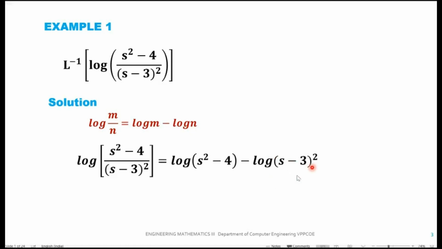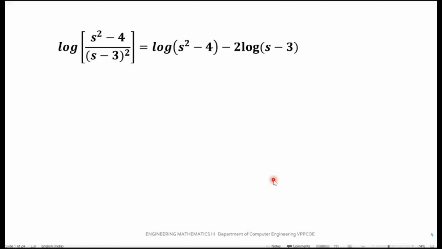Log of (s minus 3) whole square can be written as 2 into log of (s minus 3). That is by the property log of m raised to n is n log m. तो हम क्या करेंगे? इसको log of (s minus 3) the whole square को हम लिखेंगे 2 into log of (s minus 3). ठीक है, तो नेक्स्ट स्टेप में 2 into log of (s minus 3).